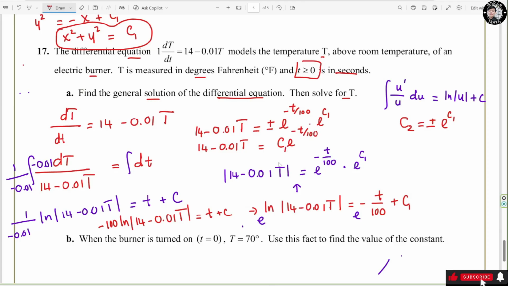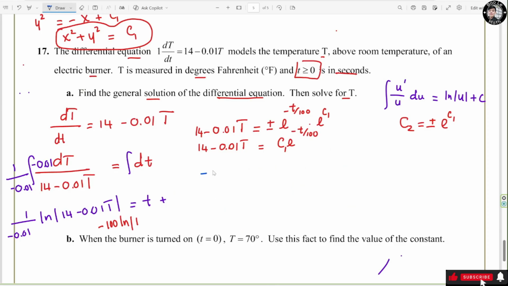This one is c1. Subtract 14 from both sides, so I have negative 0.01 capital T equals negative 14 plus c1 e to the negative t over 100. Divide both sides by negative 0.01, so capital T equals 1400 minus c1 divided by 0.01 times e to the negative t over 100.